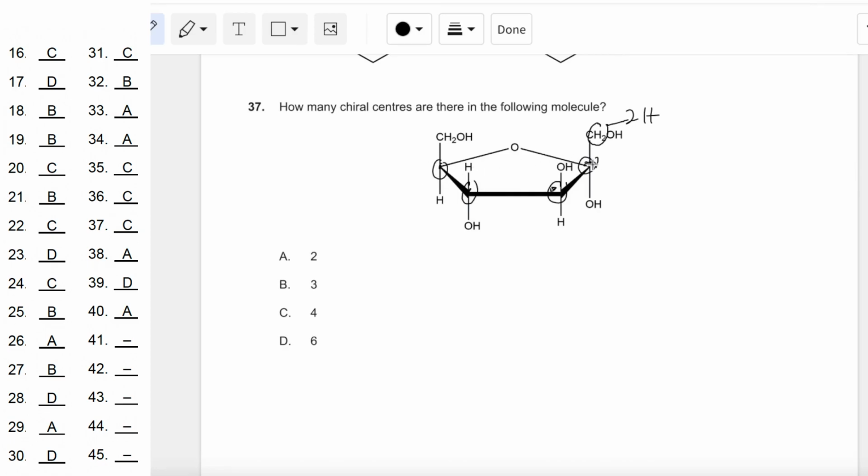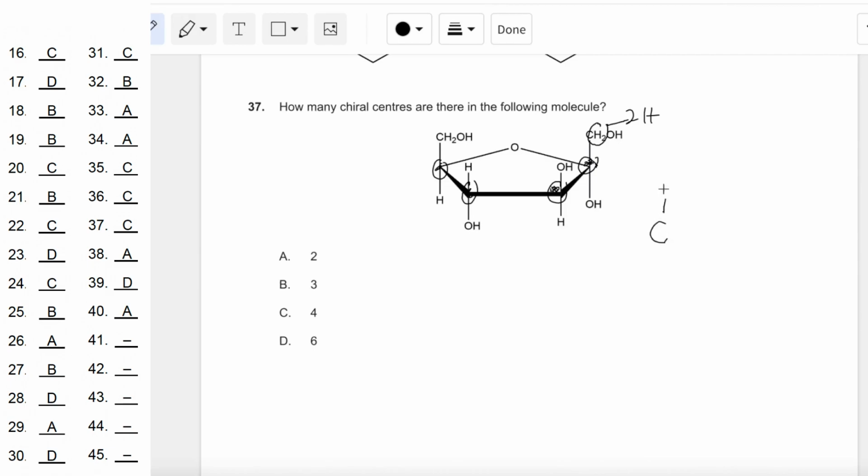How do we know this one, this one, this one, and this one are the chiral centers? That's because each of these carbons is bonded to 4 different atoms or groups.